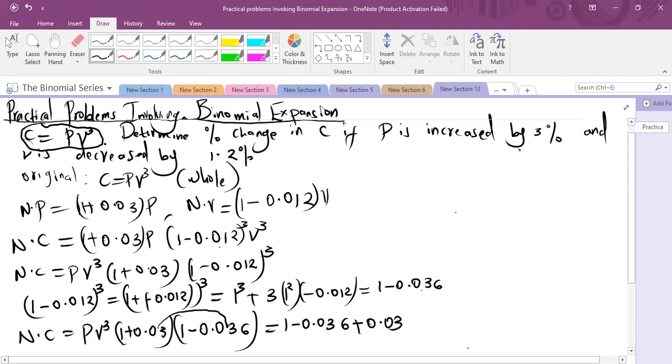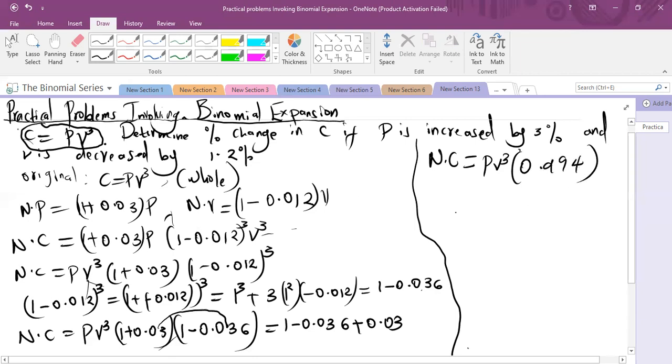So I will not write that. Evaluating that, we have our new C as PV cubed, and then 1 minus 0.036 plus 0.03 will give us 0.994.